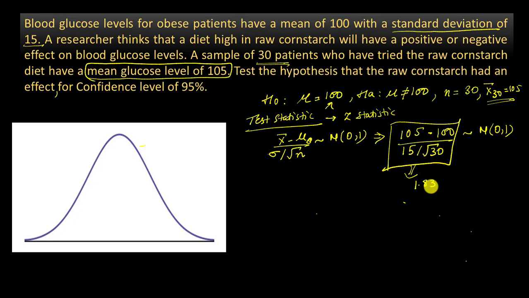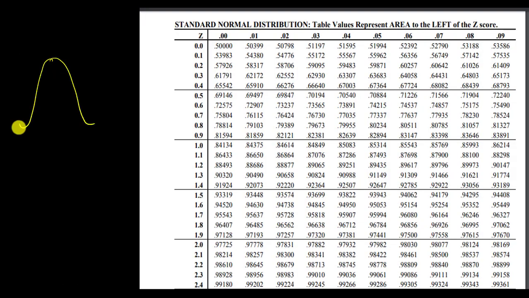Now let us calculate the p-value. To calculate the p-value, we need to see the z distribution table. As we have seen, our test statistic from the sample data is 1.83.